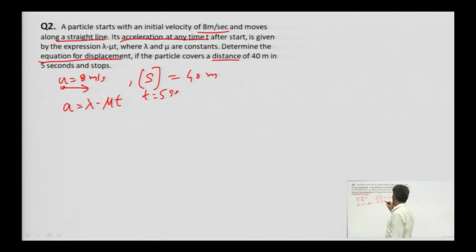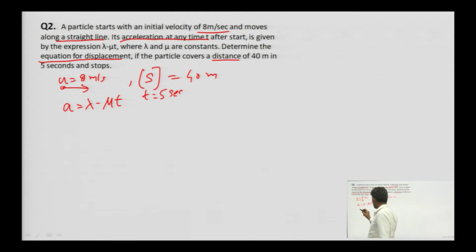This is a similar question, and similar steps will be followed here. We need to derive the equation for displacement in terms of t.